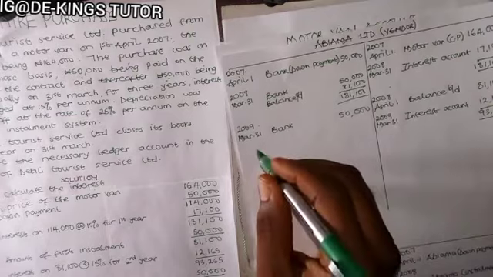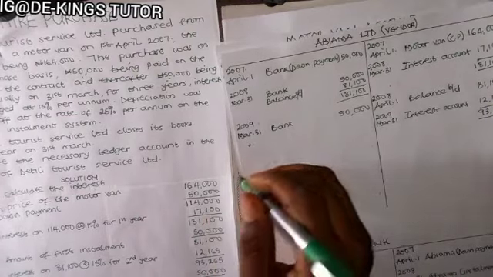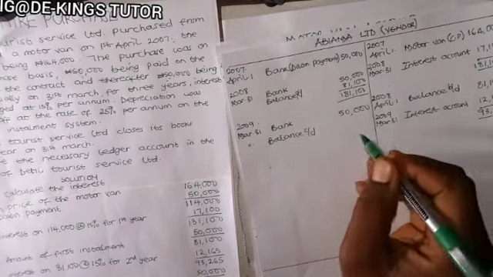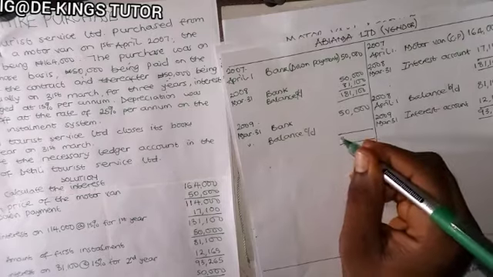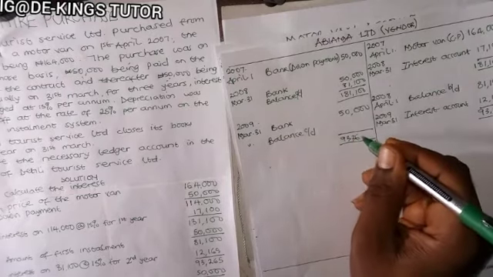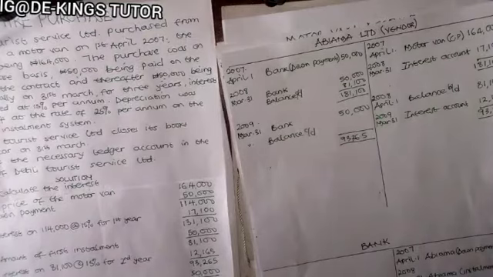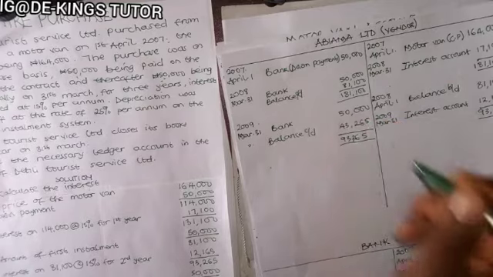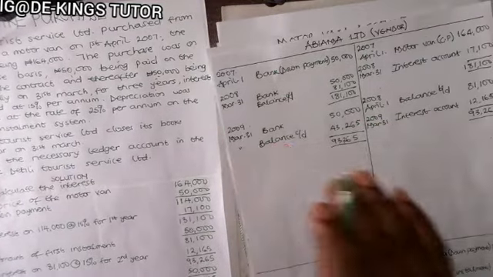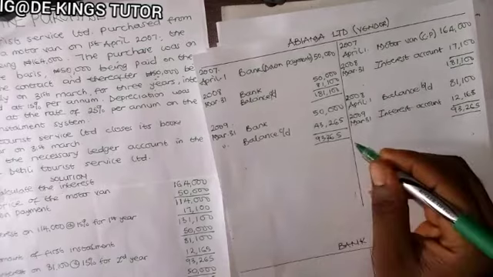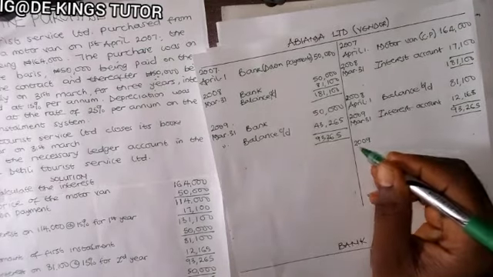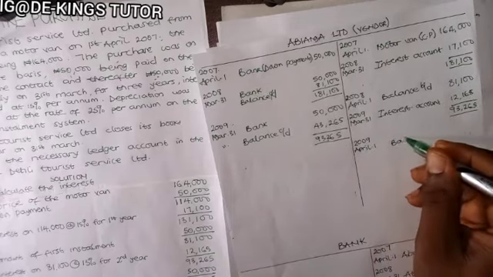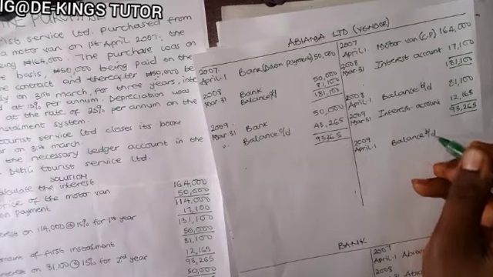So we'll have a balance carried down so that these two will be the same: 93,265 minus 50,000 to give us 43,265. So at this point, we'll now have here 2009 April 1st, our balance brought down.